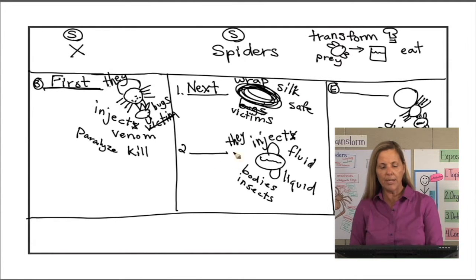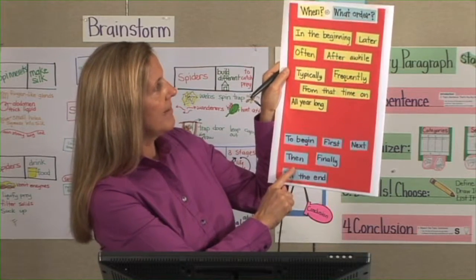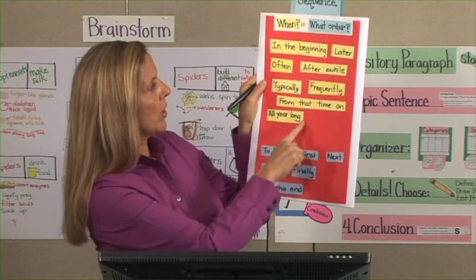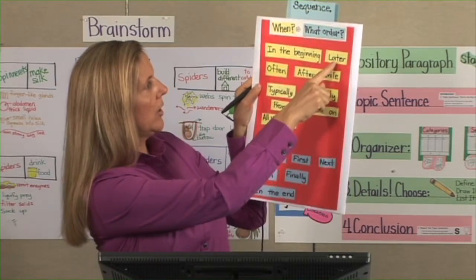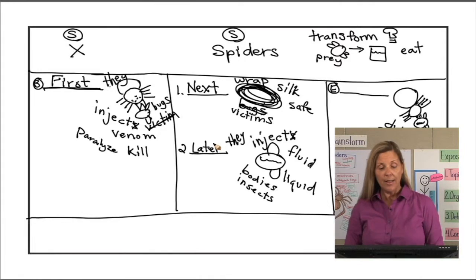Let's see, they carry away their victim. That was next. Let's look at our sequence wall. I could do then, or I could go up here to the when words, after a while or later. Let's use later. Later, they inject the bodies of the insects with a fluid to turn them into a liquid.